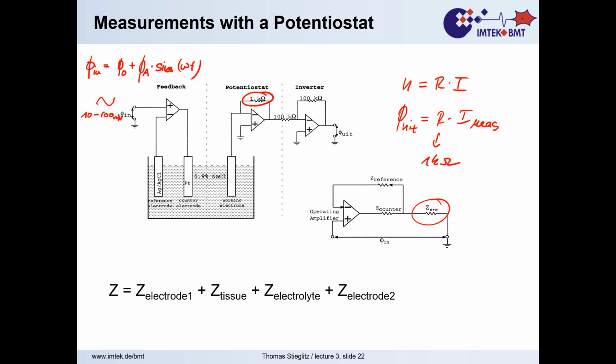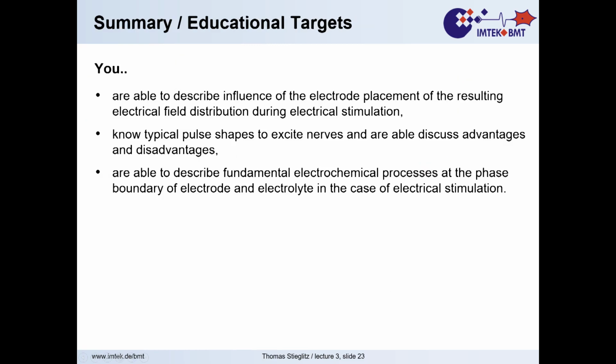Good. With that, we are at the end for today. If you look through those slides later on, you should look with those eyes to ask yourself, why are electrodes efficient in electrical stimulation?